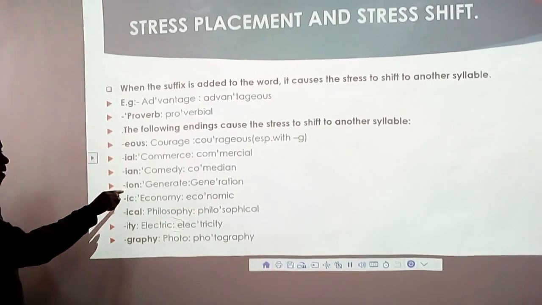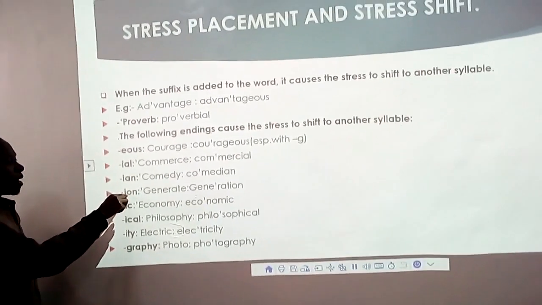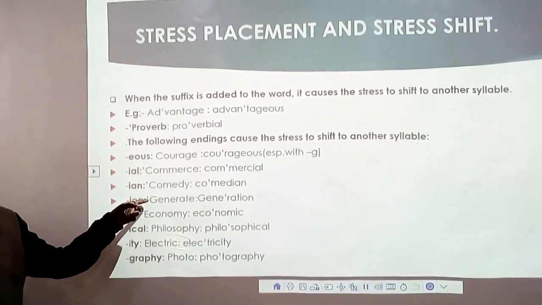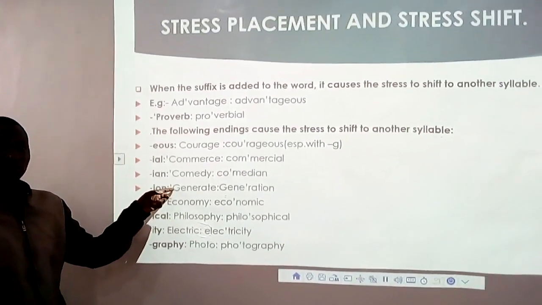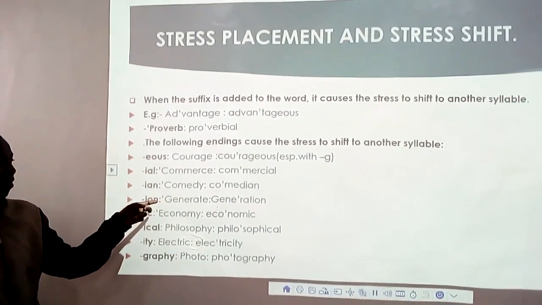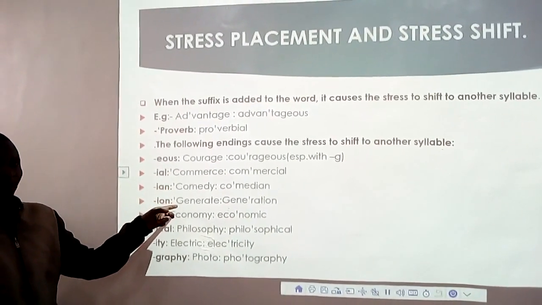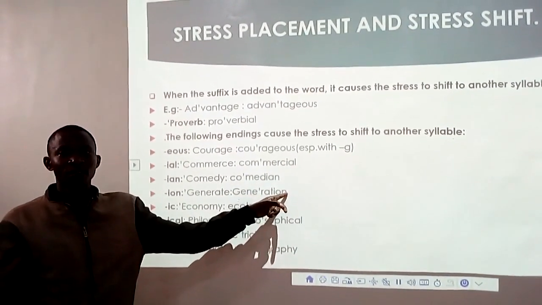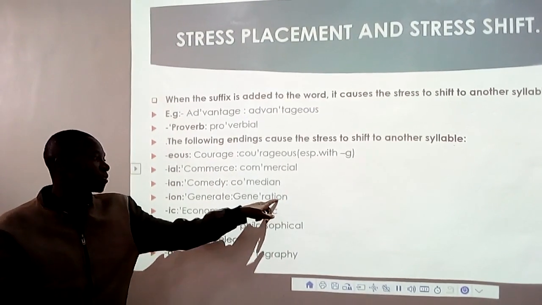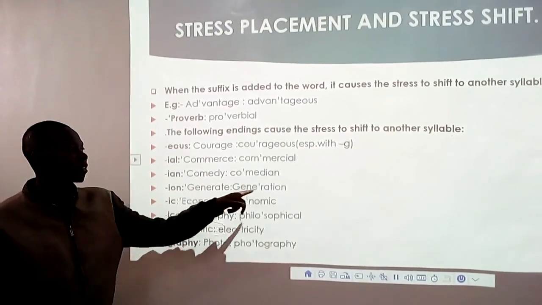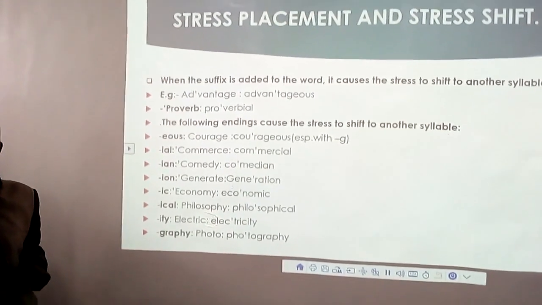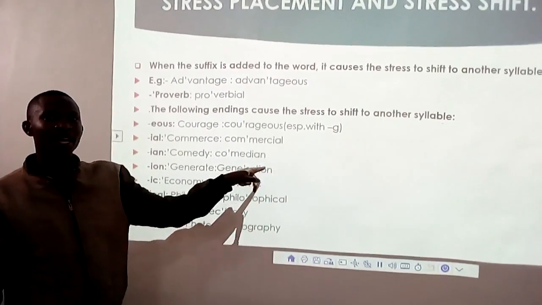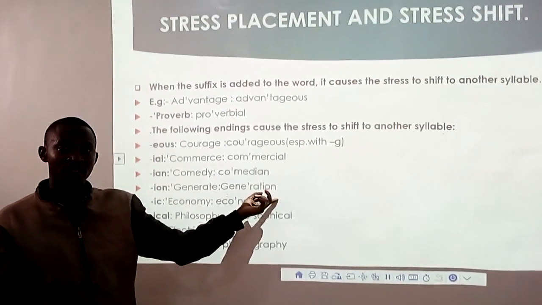Let us go to words ending in -ion. You see, the stress is on G. And now you see, generation. Why? Because of this suffix. Generation. Understandable? Why has it moved? Because of this suffix.